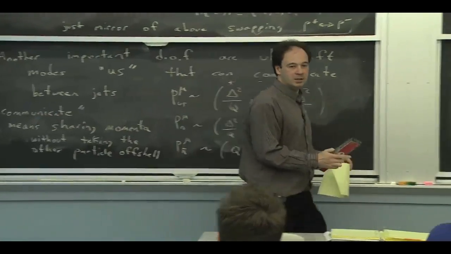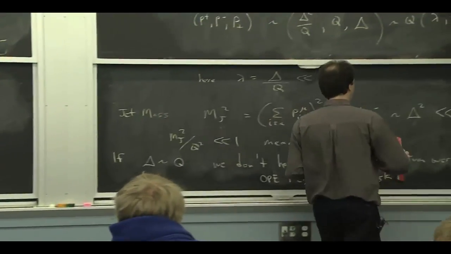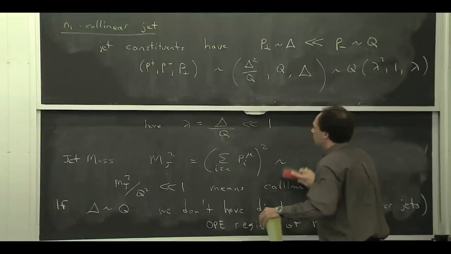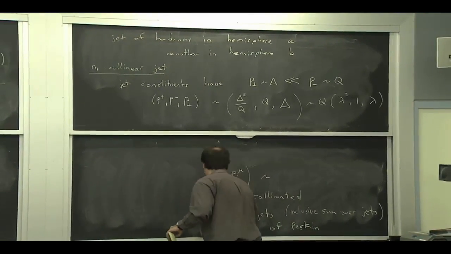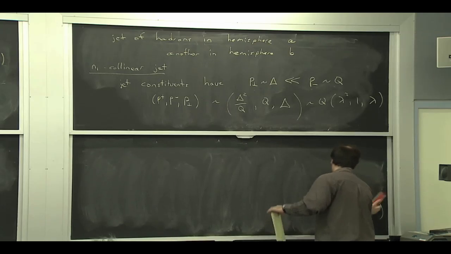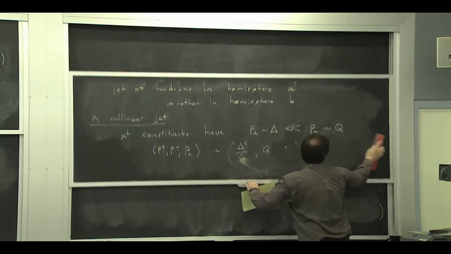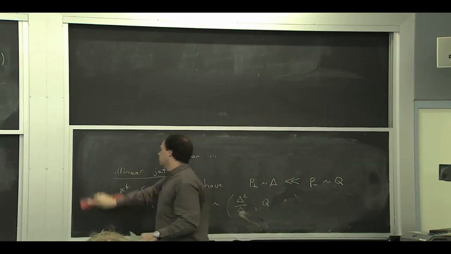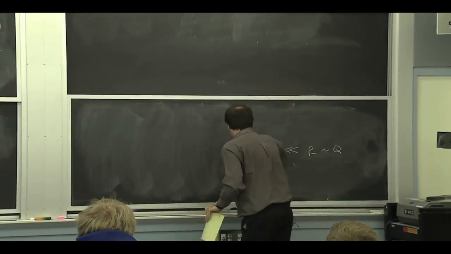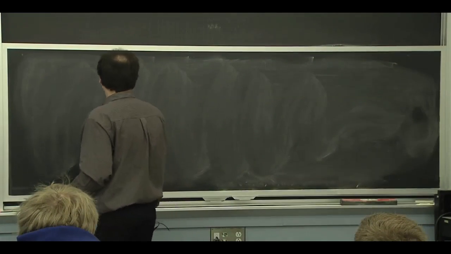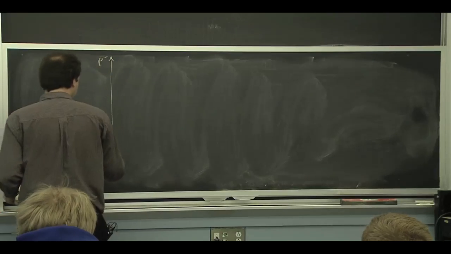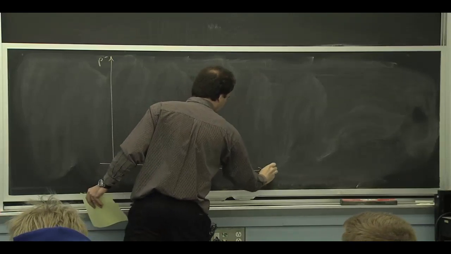Like we have our SCET2 picture, we could draw an SCET1 picture, and pictures always help to make words more palatable or absorbable. So same type of picture where we have P minus and P plus.